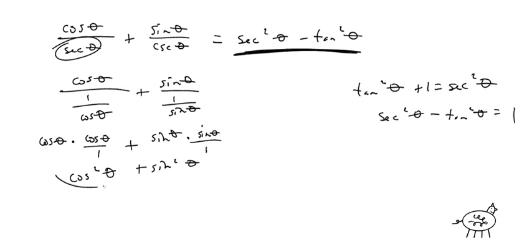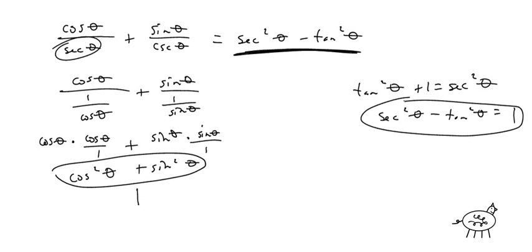So what I'm getting at here, math fans, is isn't that equal to 1? So the next step is you write 1 there, and the next step, because I know this identity, I'm allowed to rewrite that and say secant squared of theta minus tangent squared of theta, as long as I can keep substituting in, and now that's equal to that.